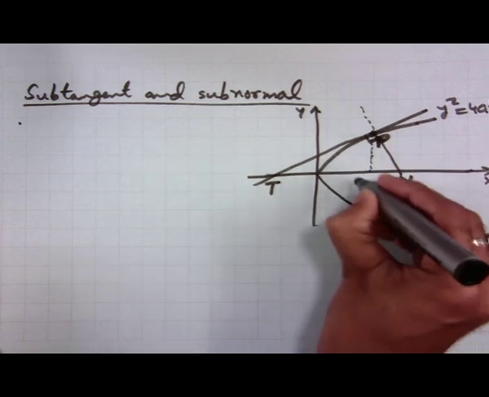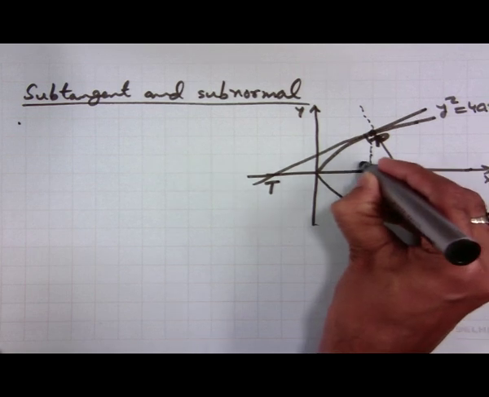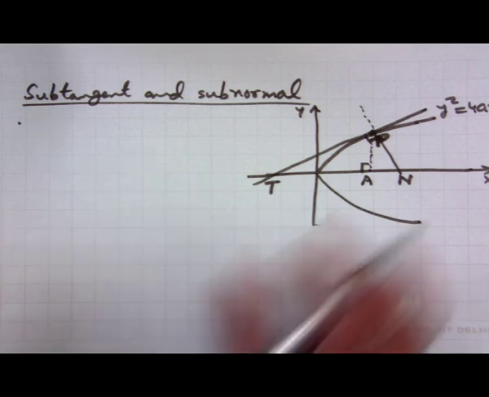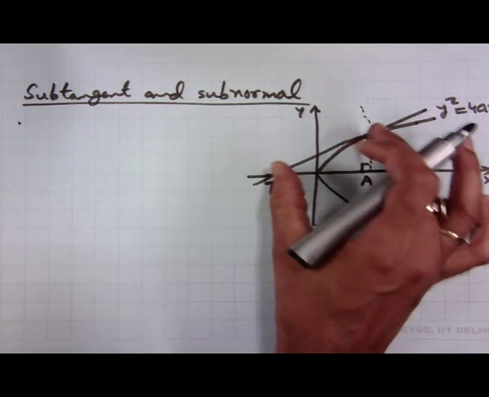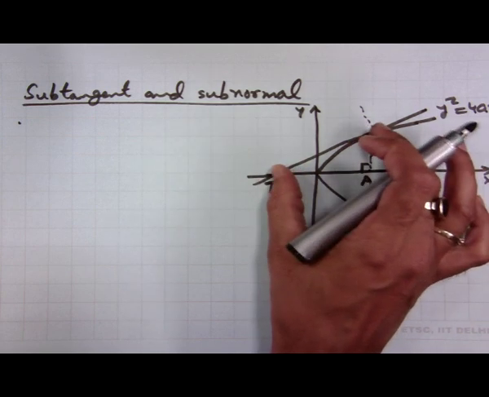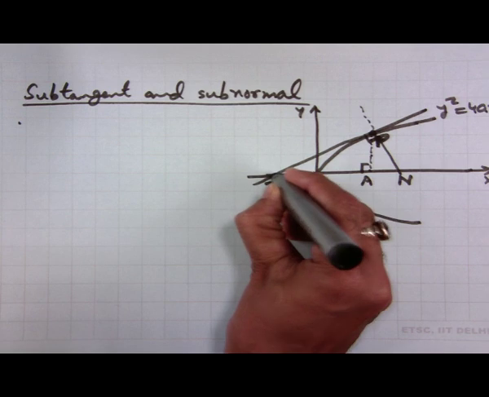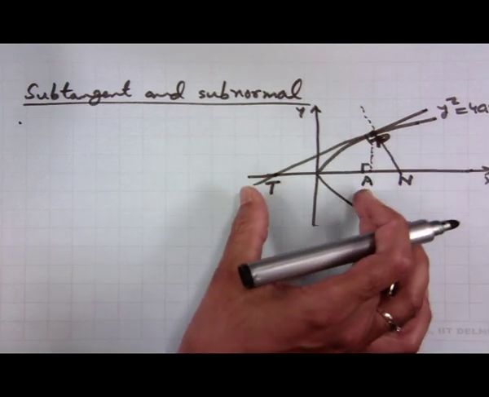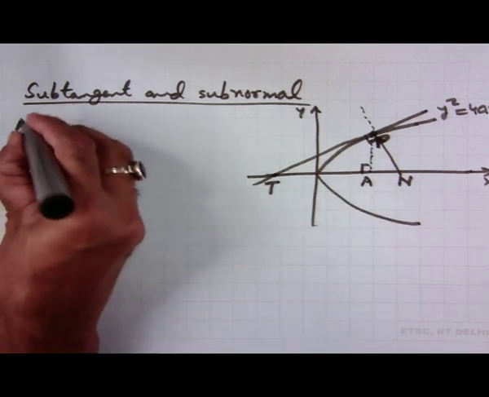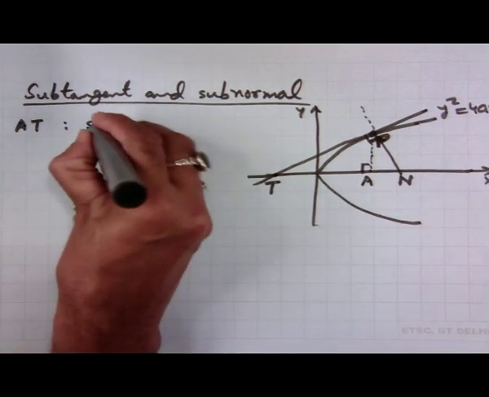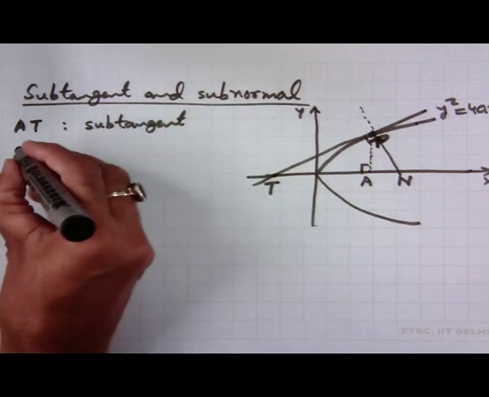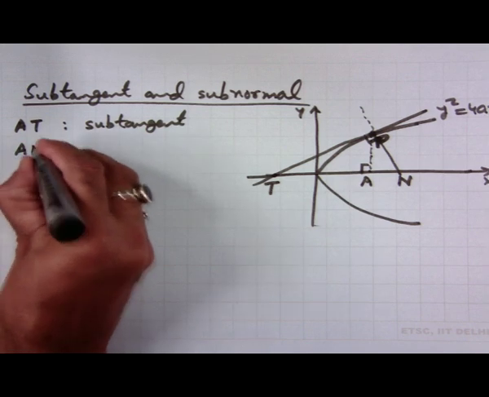Let us call that point as A. So, PT is the tangent between the point P and the intersection point on the x axis, and the projection of this on the x axis is AT. So, this AT will be called subtangent, and AN is the subnormal.